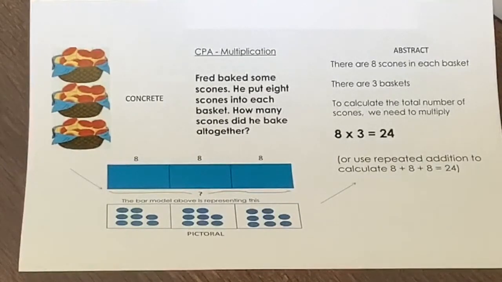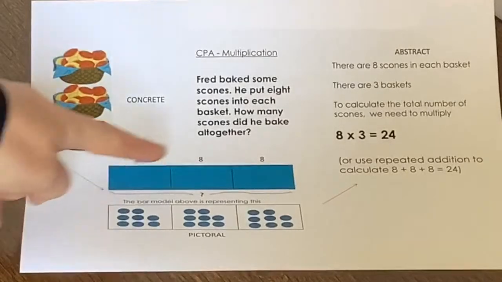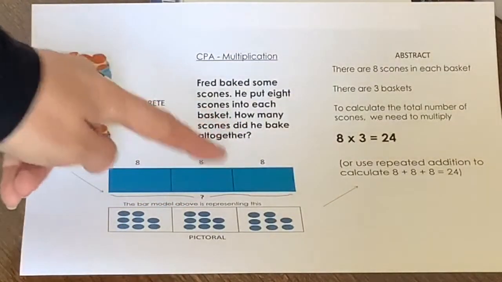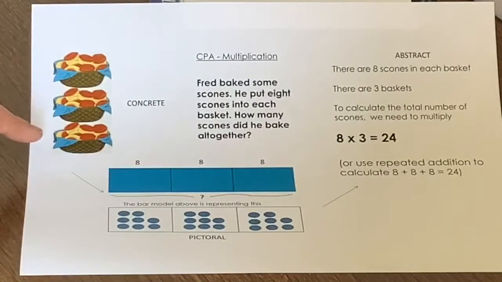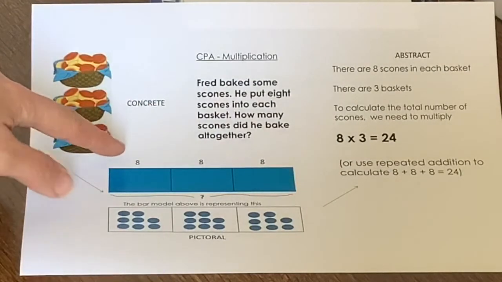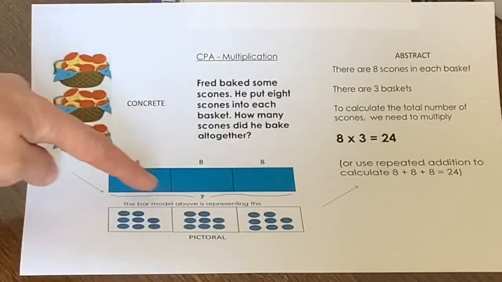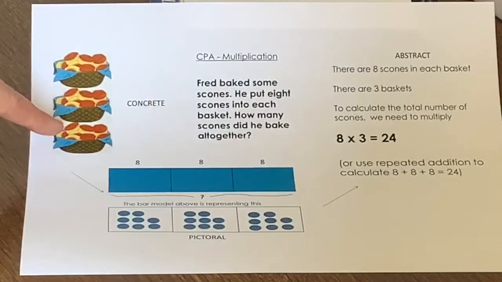But you can see, if you look at the bar model, this is the part that we're really going to focus on this week. So we can see here, we've drawn our bar. And then our bar, we've split into 3 because there were 3 baskets. And then we've put the number 8 above each of what would be the baskets. So this bar here is representing one of the baskets, this one is representing the other, and this one's representing that one.